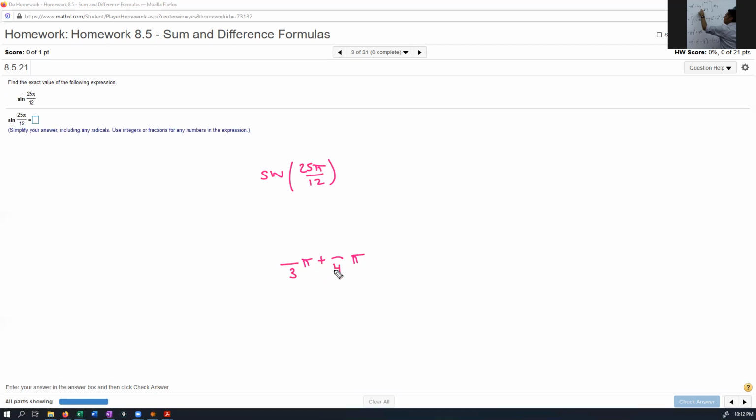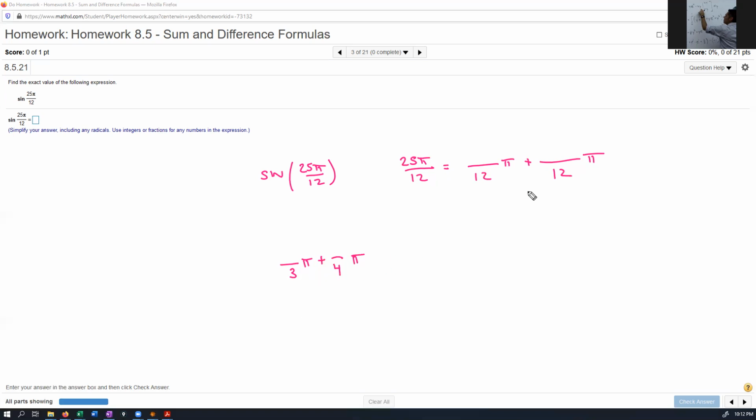If one was 3 down here and the other was 4, maybe we can look at this 25 over 12 as something over 12 pi plus something over 12 pi. How could we get 25? They have to be numbers that can reduce to 3 and 4.